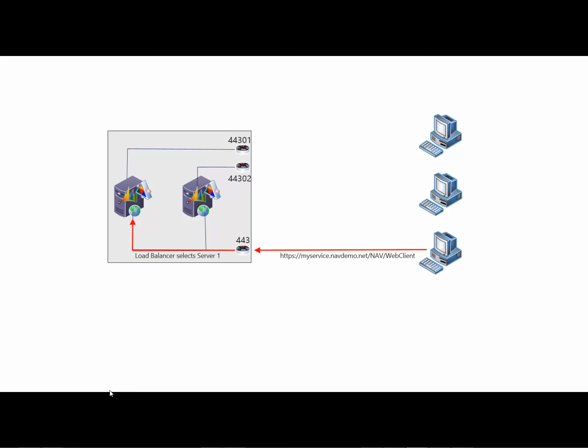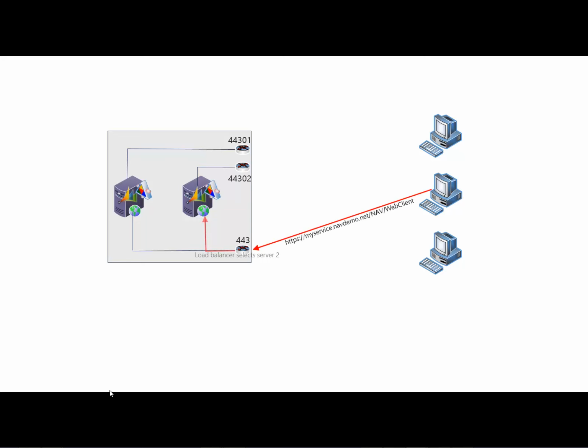The redirect site is going to do nothing but redirect the user to a specific address, which in this case is the actual port and the actual address of the web client. And of course, the user is going to connect to myservice1.navdemo.net:44301, and then connect directly to server number 1. And now the communication going from that computer is going to go directly to that port from now on.